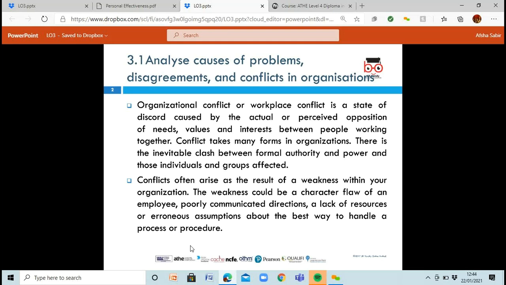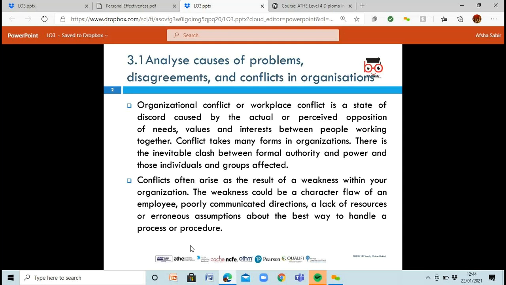People might have different preferences, and this will cause infighting, conflicts or disagreements. It will also happen when somebody wants to be in a role of power or authority, and another person clashes with them because they don't like that that person has that authority or power. So it's a number of reasons.